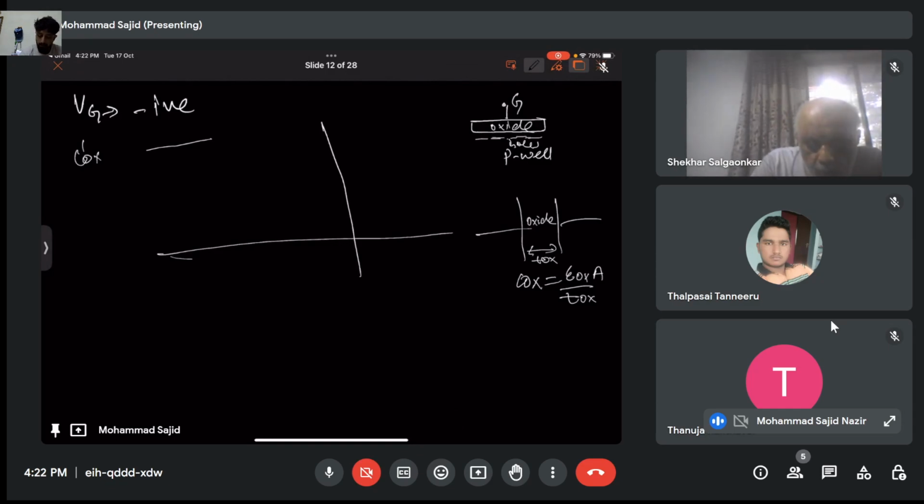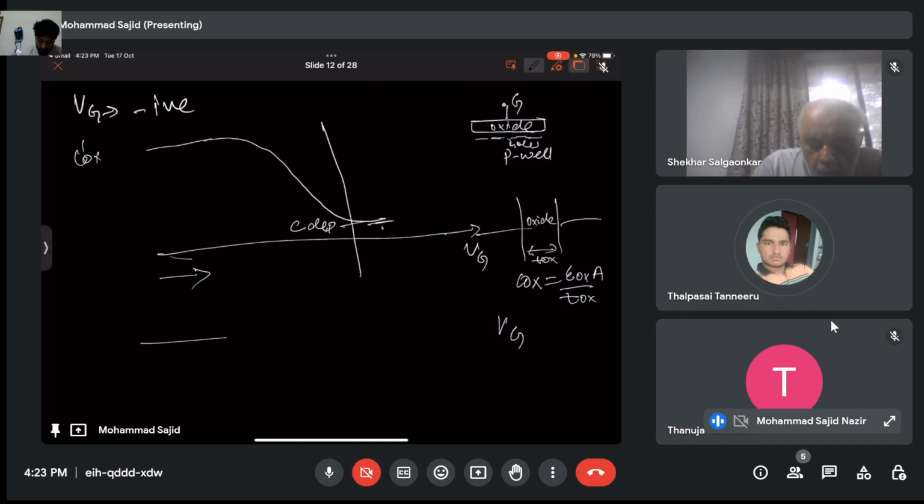But once you go on decreasing this Vg, not decreasing, sorry, increasing. You go on increasing now in this direction. What will happen? This capacitance starts reducing till depletion. Why? This is a C dip.